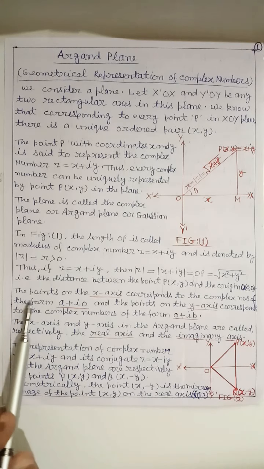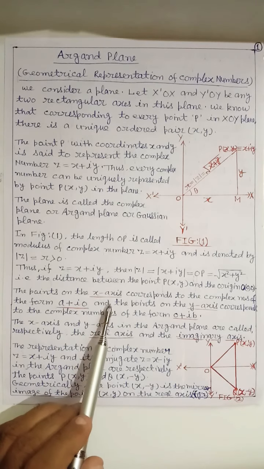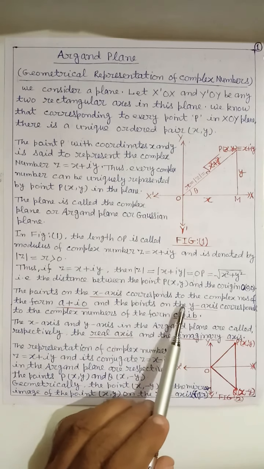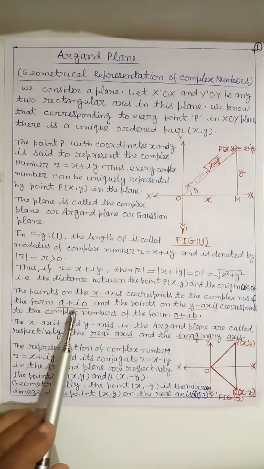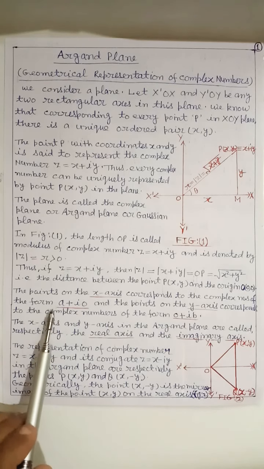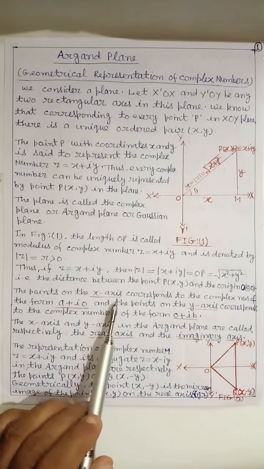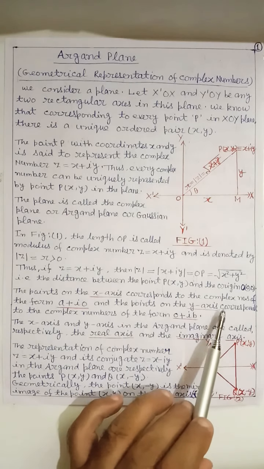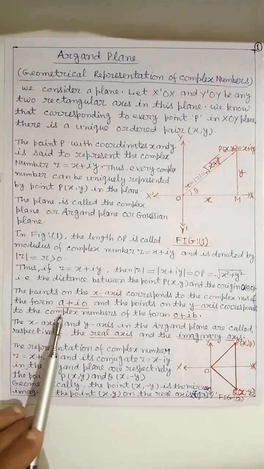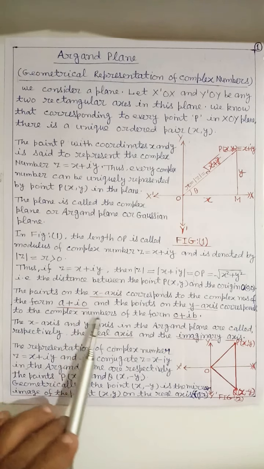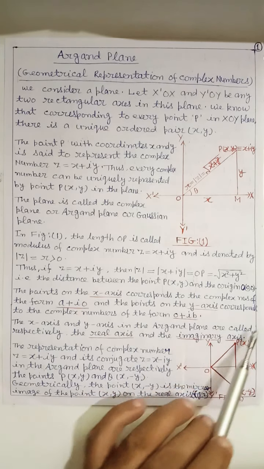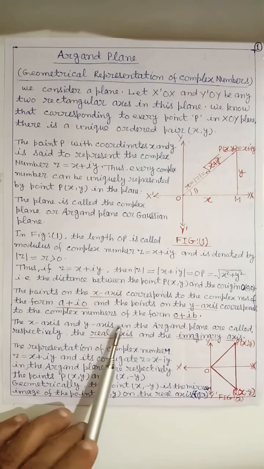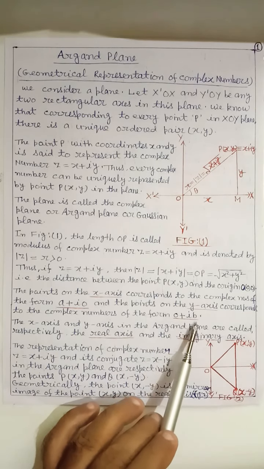Dear students, the points on the x-axis correspond to the complex numbers of the form a plus i0. Means if the points lie on the x-axis, the corresponding complex number form is a plus i0, and the points on the y-axis correspond to the complex numbers of the form 0 plus ib.